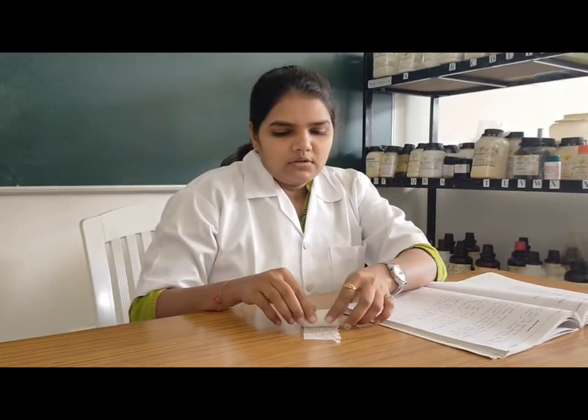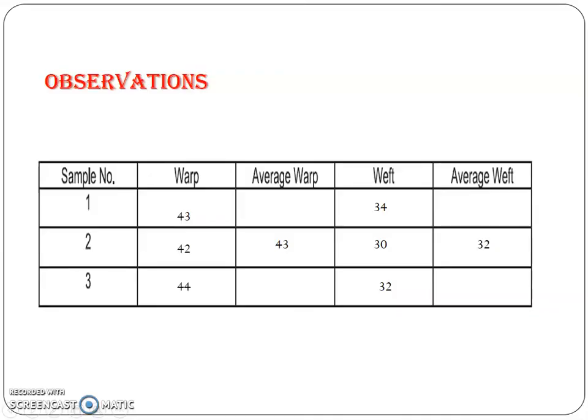Now we will go towards the observation table. After performing the practical, we have got several observations. Now we have to prepare the observation table. It will include sample number, number of warps and average warp, and number of weft and average weft.